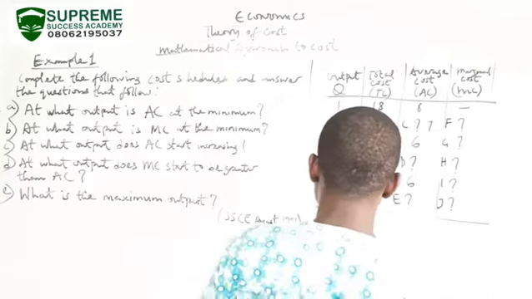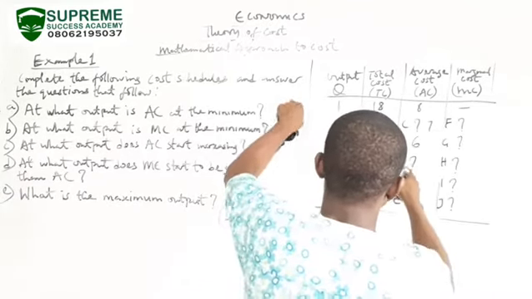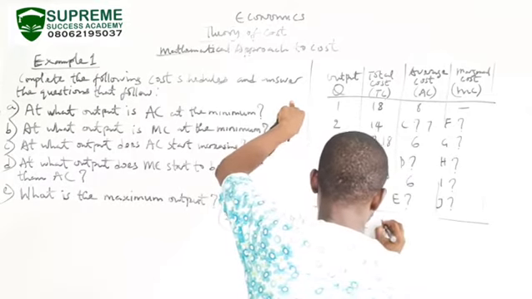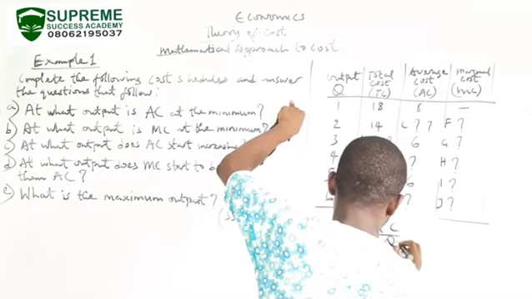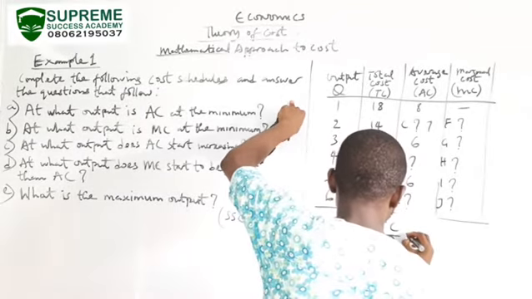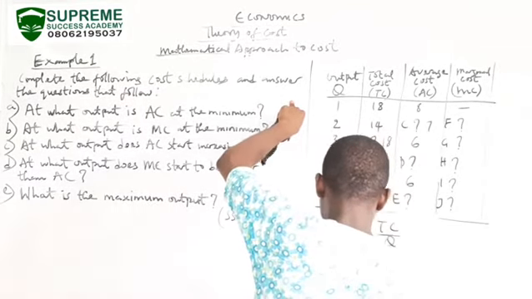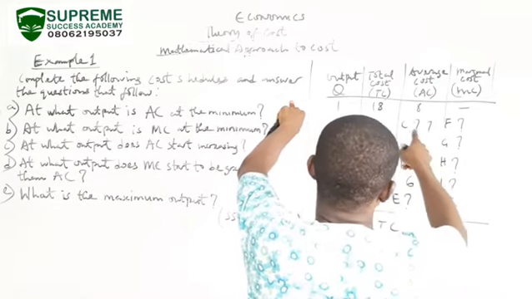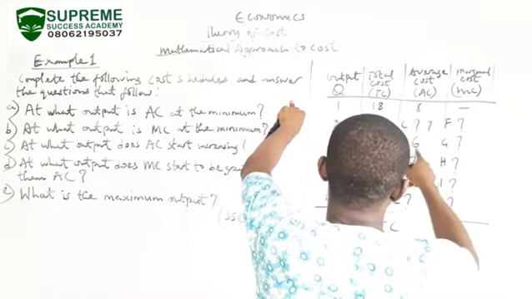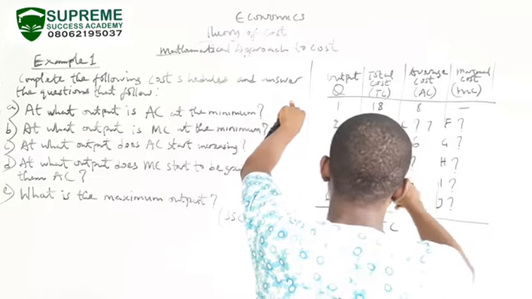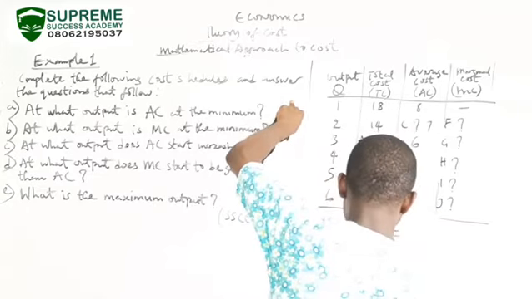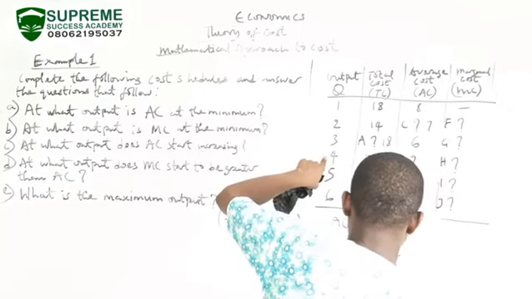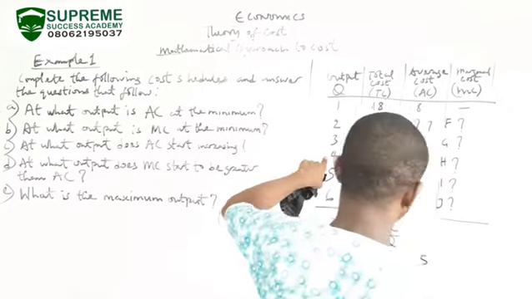The next one is D. Average cost, as I said earlier on, is total cost divided by output. So the average cost is equal to, what's our total cost? The total cost under D here is 20. 20 divided by the output, 4, equals 5.